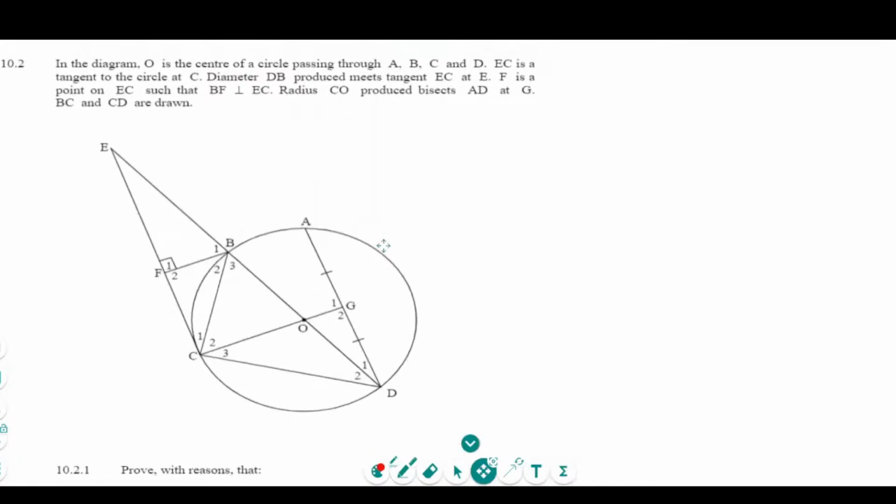Okay, so 10.2. They are telling us that in the diagram, O is the center of the circle that is passing through A, B, C, and D. EC is a tangent. The diameter DB produced meets EC at E. And then F is a point on EC such that BF is perpendicular to EC.